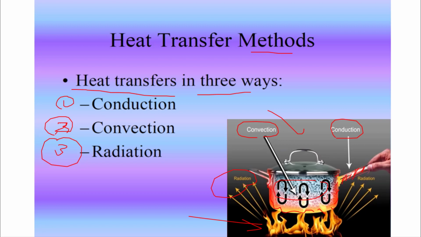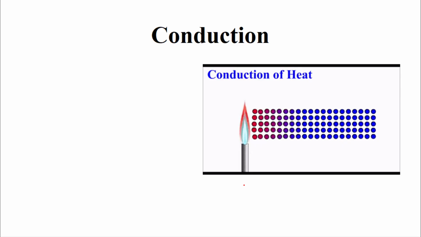So how can we define each scenario? I'll start with conduction, and try to notice what happens to the molecules here. Here we have a sheet metal, and we have a source of heat on the side. So what happens to this sheet metal?